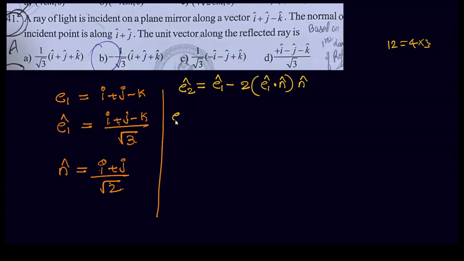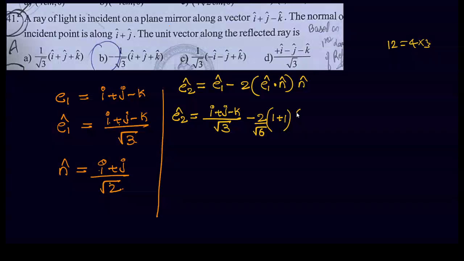E1 value is i plus j minus k by root 3 minus 2 into the dot between these two. Here root 6 we can take outside, this is 1 plus 1, and into n cap, which is i plus j by root 2.